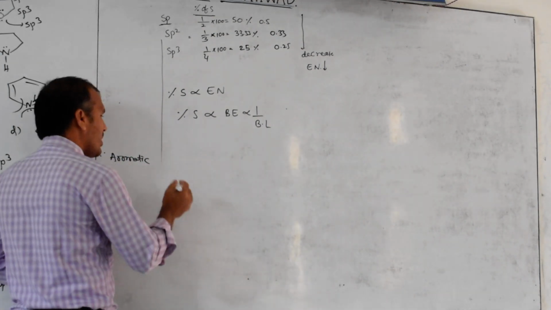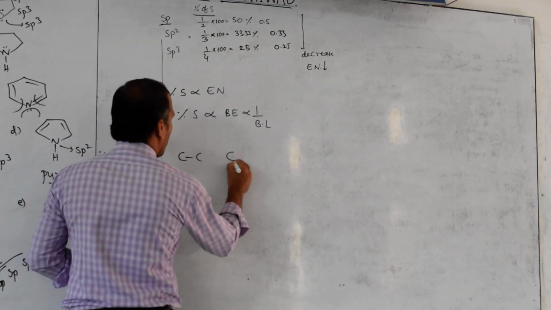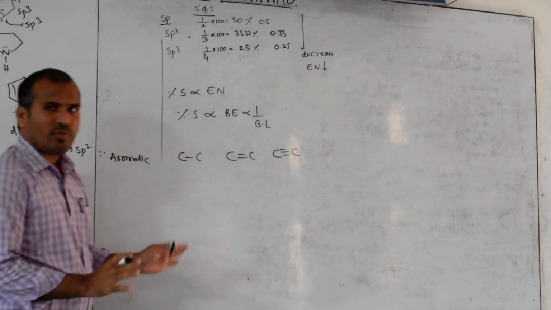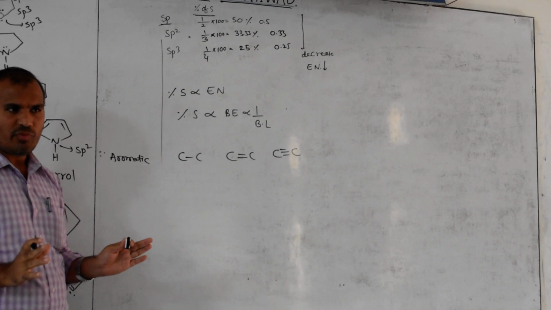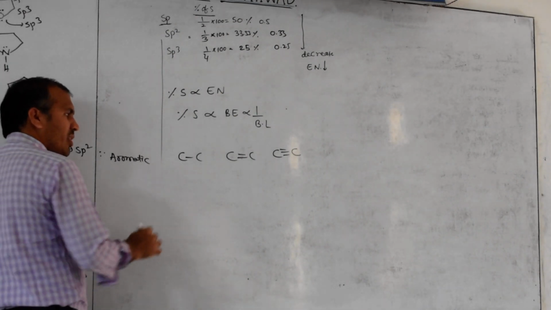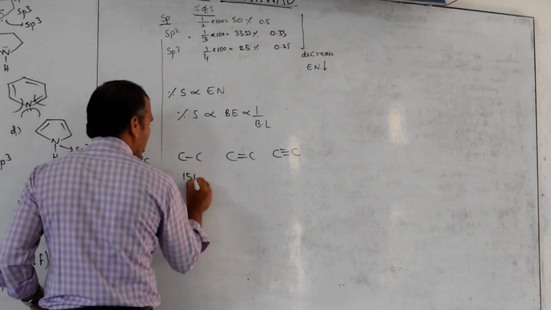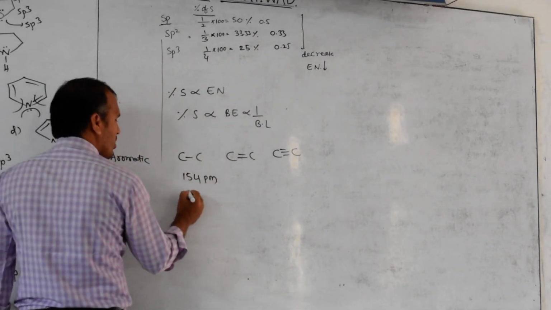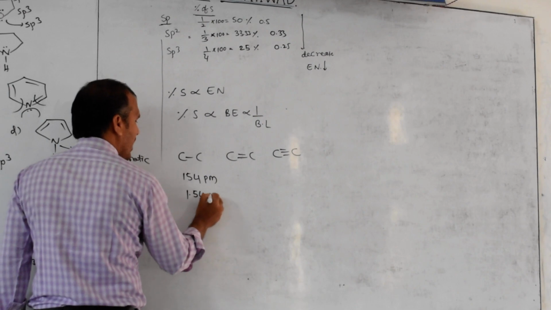One example we will consider here: carbon-carbon single bond, carbon-carbon double bond, carbon-carbon triple bond. We have to remember the bond lengths also, because it is very important. Bond length of the carbon-carbon single bond is 154 picometer. Otherwise in angstrom, how much? 1.54 angstrom.